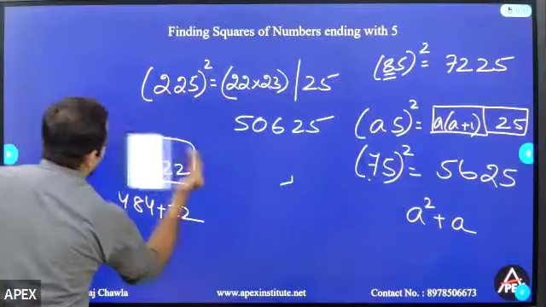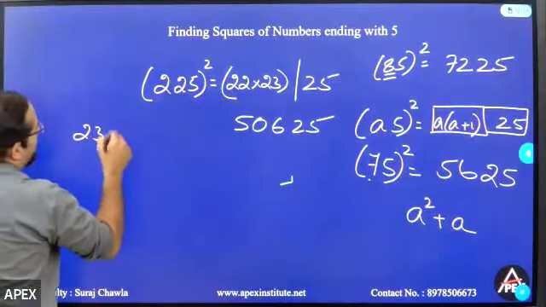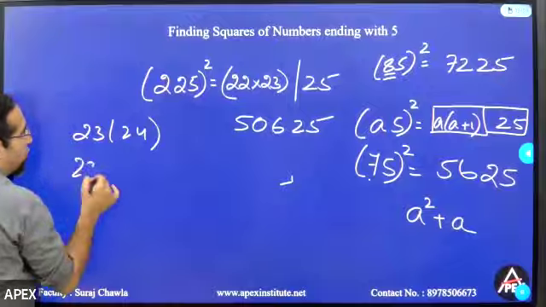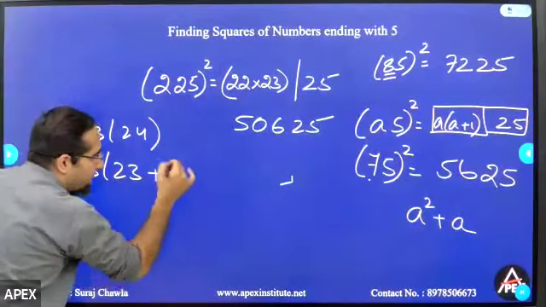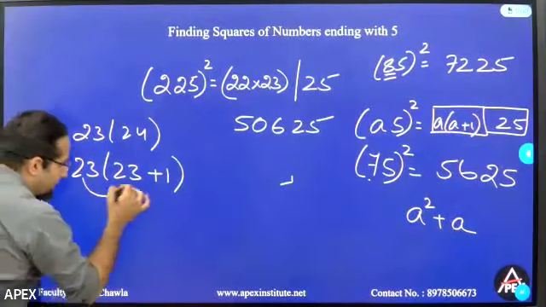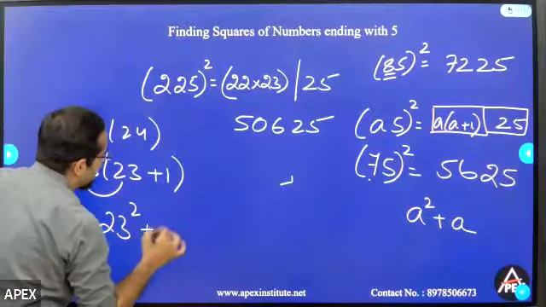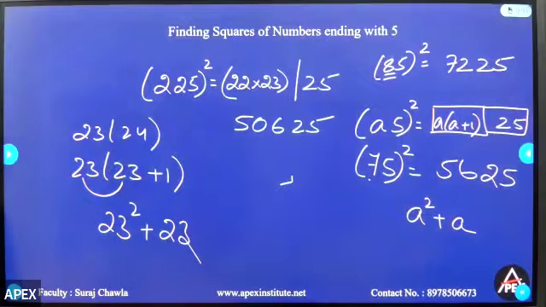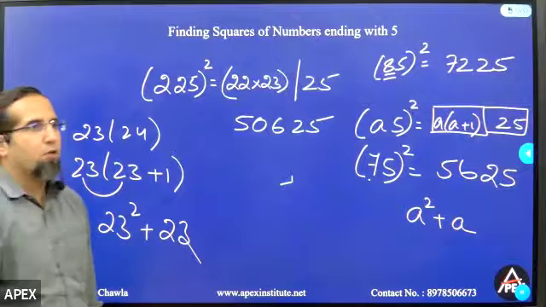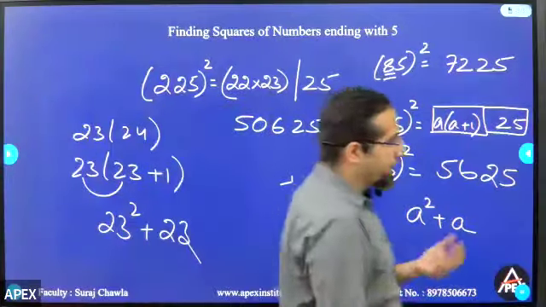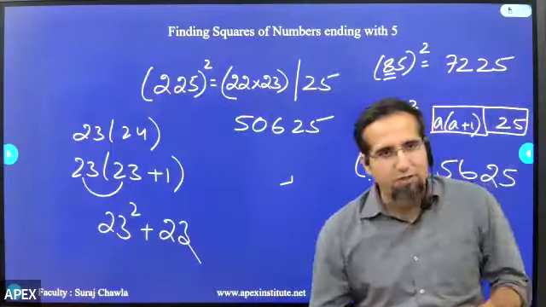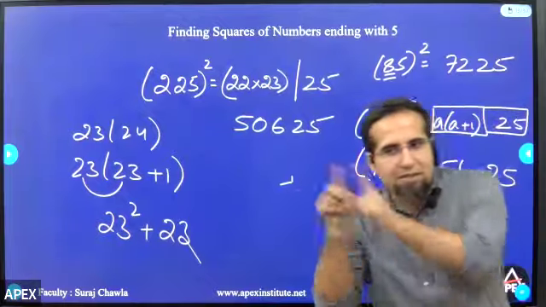I repeat once again: 23 into 24 can be broken as 23 into 23 plus 1, which can again be written as 23 square plus 23. So whenever I'm multiplying two consecutive numbers, the output is the smaller number square plus the smaller number.